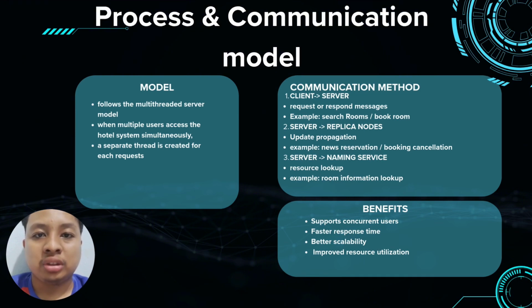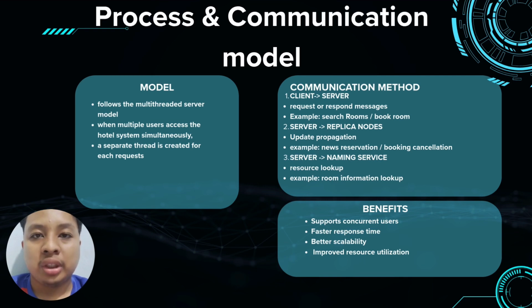For client to server, the communication happens with request and response messages. For example, when the user searches for a room or books a room. Second, for server to replica nodes, it happens during update propagation. For example, when they want to make a new reservation or cancel a booking. Third is server to naming service.